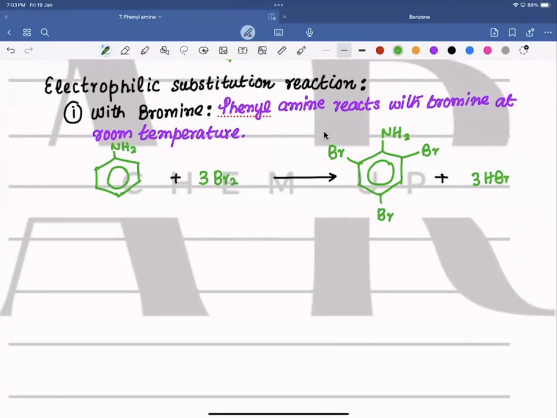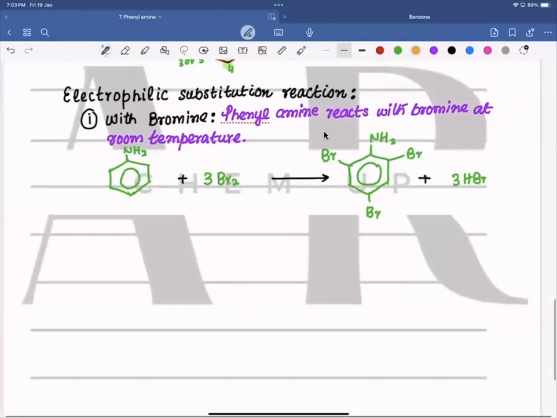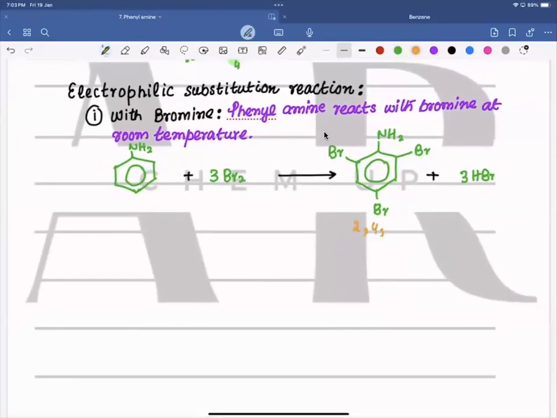Is this equation clear to all of you? During this reaction, the product over here is formed. Sir, in the reactants there are only 2 hydrogens, and in the products there are 5.